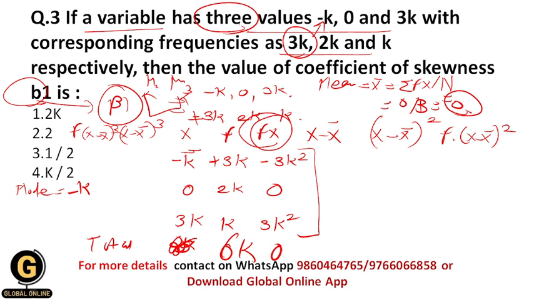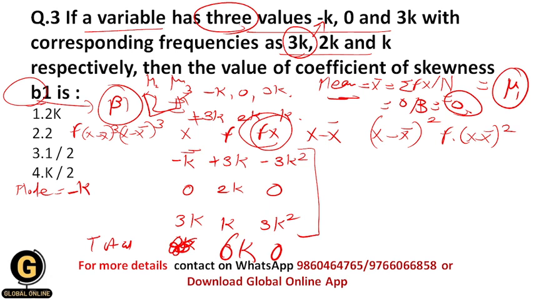So the value of mean, that is 0, is actually your mu1, which is the mean here, and after that you need to find out the values of mu2 and mu3, which are the moment coefficients. So don't go deep into it.